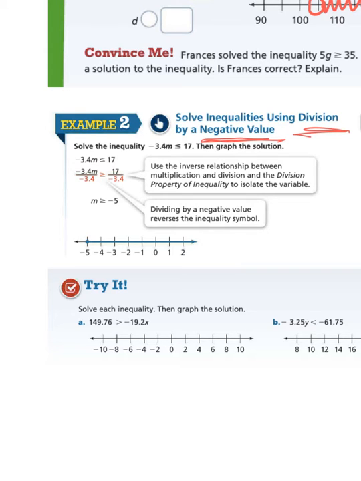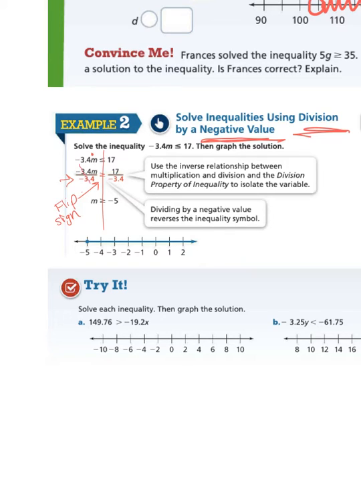To get rid of this multiplication, we're going to divide. But we are dividing by a negative number. So, because we are dividing by a negative number, you have to flip the sign. Whenever you're dividing by a negative number, you have to turn the inequality sign around.